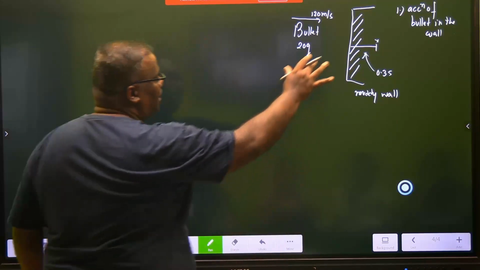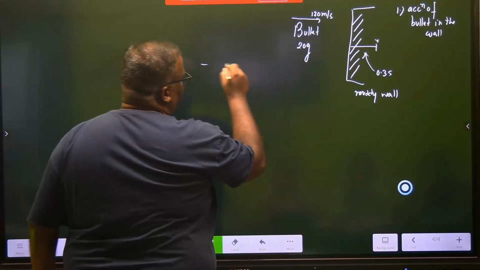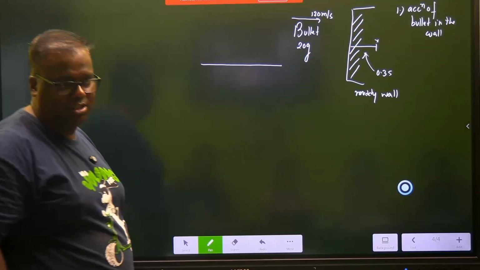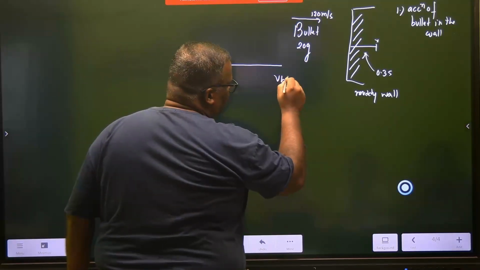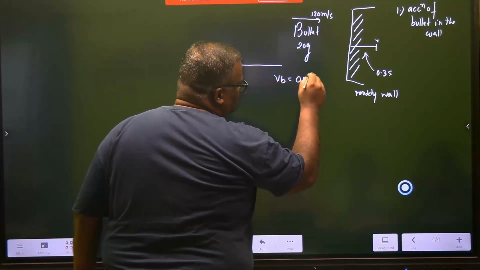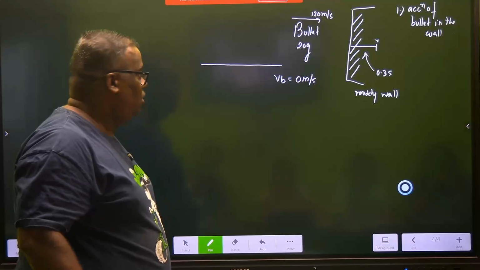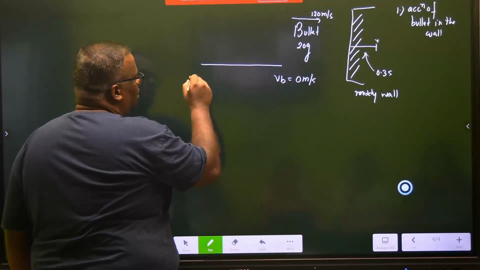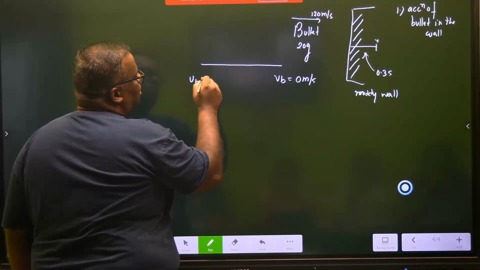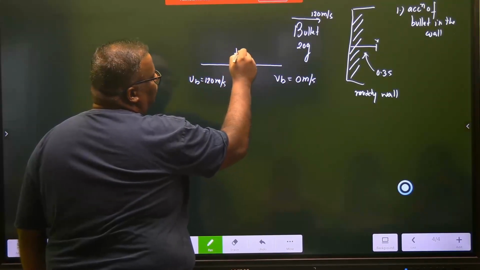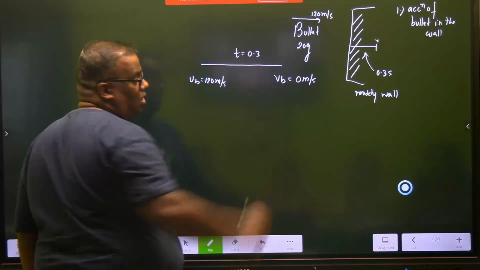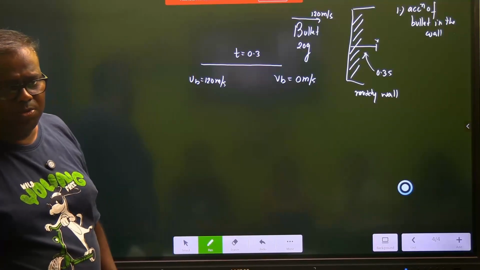If I magnify this portion, this is the entire journey of the bullet, right? At this portion, the speed of the bullet is equal to 0 meters per second. Agreed or not? When the bullet hits this wall, the speed of the bullet is how much? 120 meters per second. What is the time involved for this travel? 0.3. S equal to ut plus half at square?